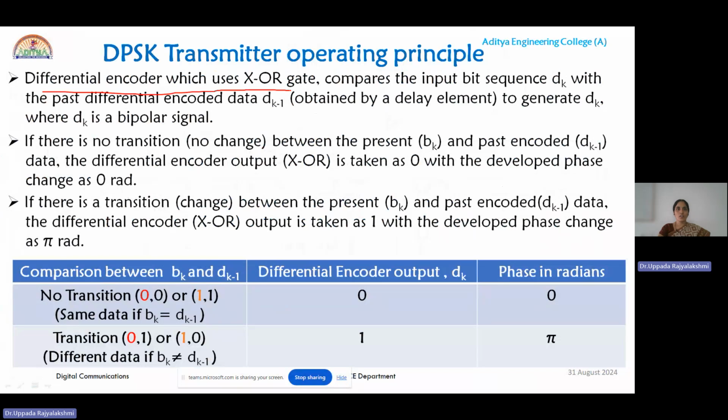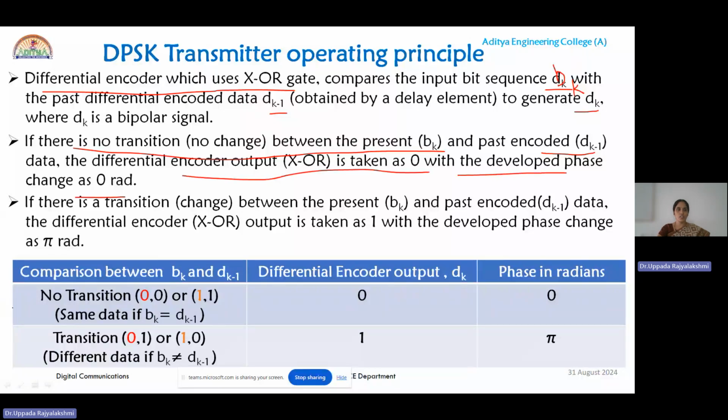The differential encoder, we already discussed, uses an XOR gate. It compares the current upcoming data sequence bk with the past differential encoded data dk minus 1 to produce the current differential data dk. For example, if there is no transition between the present dk and past dk minus 1, then the differential encoded data is 0 with a phase change of 0 radians.